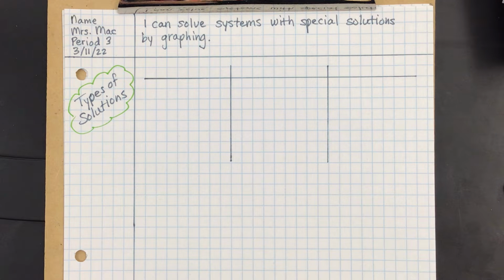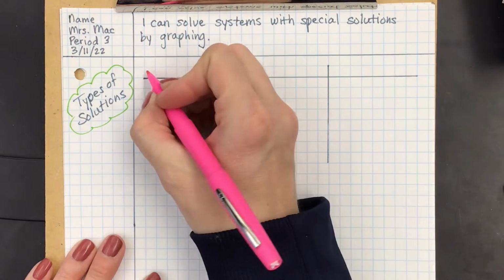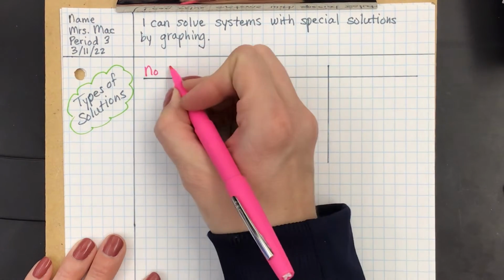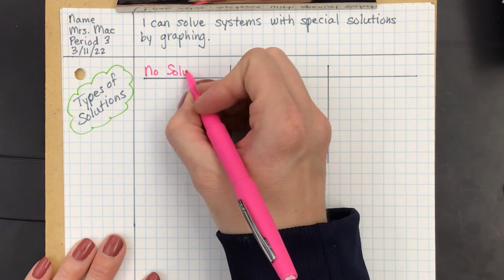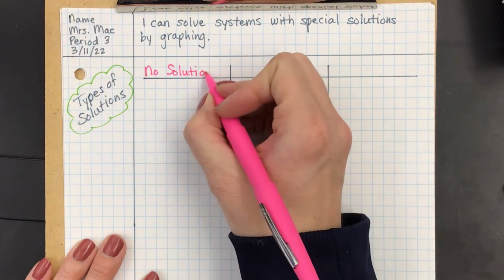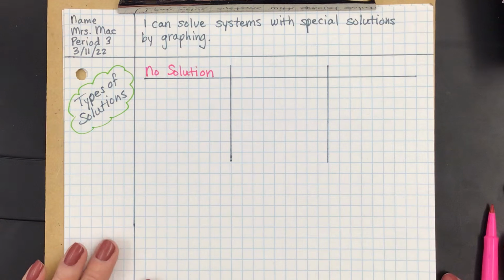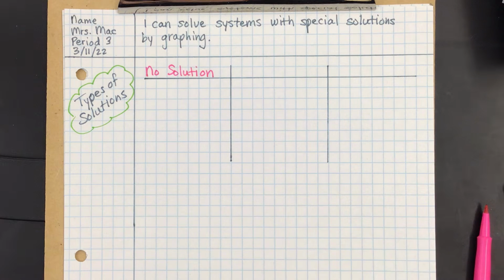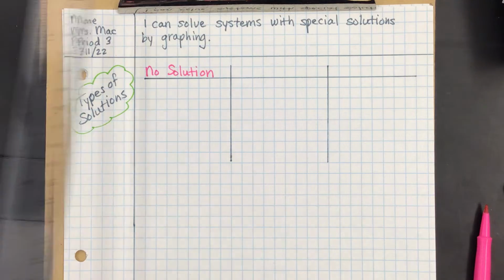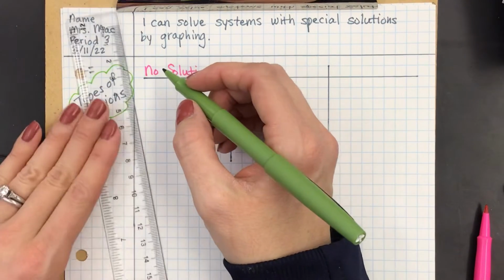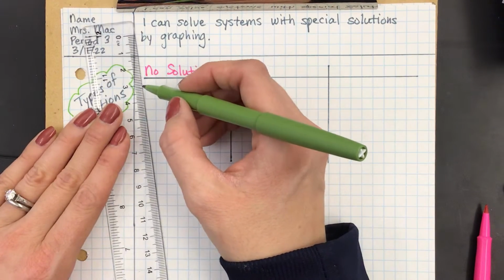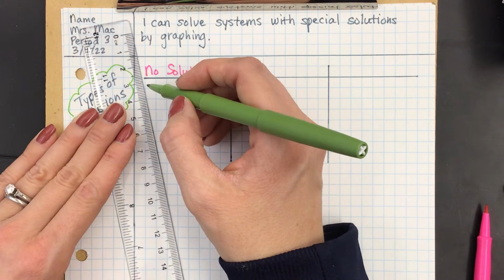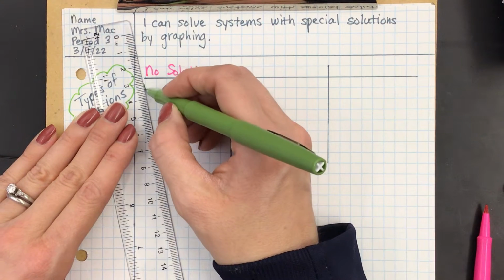Okay, the first type of solution we're going to look at today is when there is no solution. No solution occurs when the two lines never intersect, or in other words, they are parallel. I will show you an example of what the lines might look like.